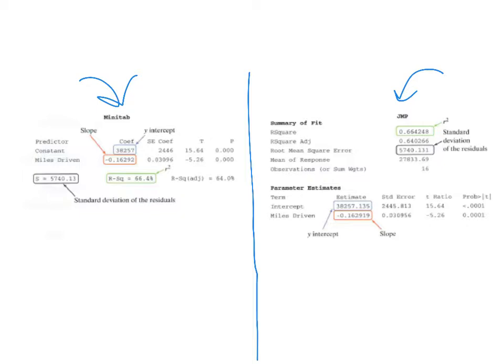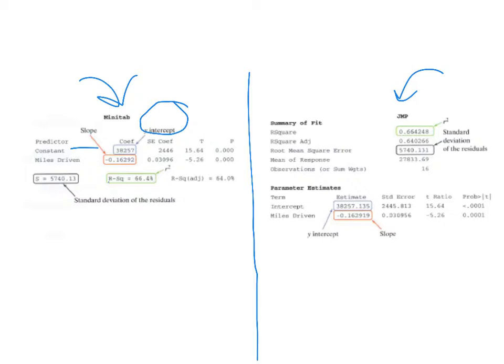When we look at the Minitab data only, we've got our y-intercept, which is here in this constant row, 38,257.